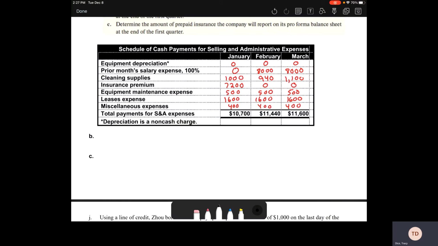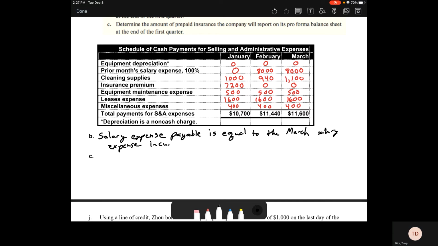So our salaries payable is equal to the March salary expense incurred, which is $7,200. And that's all that part B is asking for.